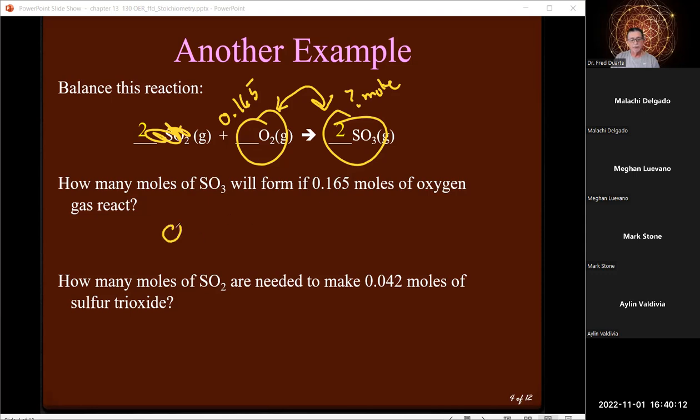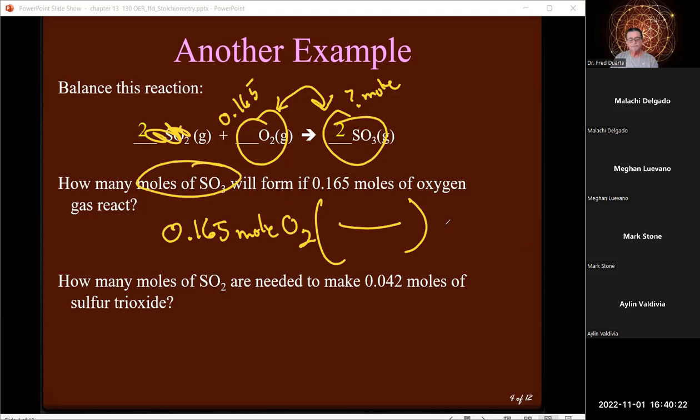So we write down what we're given. Moles of oxygen, okay. And we're looking for moles of sulfur trioxide. So that goes in the numerator and O2 goes in the denominator. We go to the balanced chemical equation.